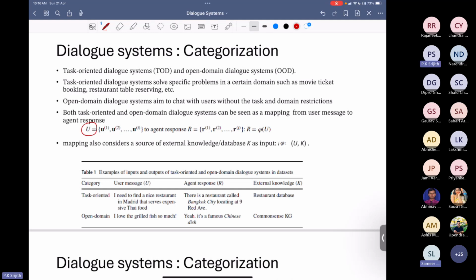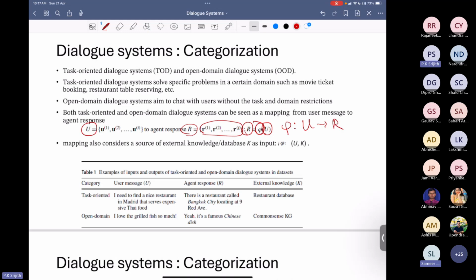Based upon this user message, the conversational agent has to produce some response R, which consists of some sequence of words. So fundamentally, on all these conversational agents, irrespective of whether they are open domain or task-oriented, the idea is to produce this response based upon this user message. So you want to learn a function phi which maps U to R.